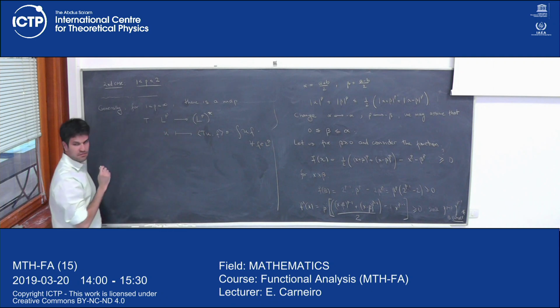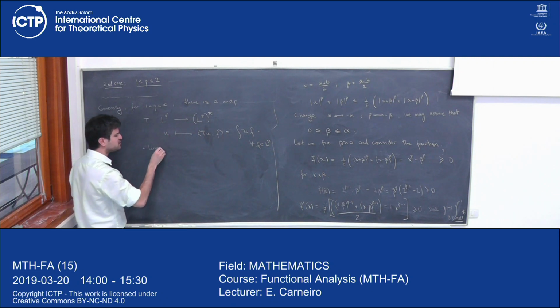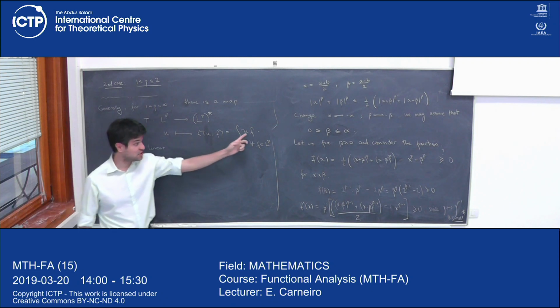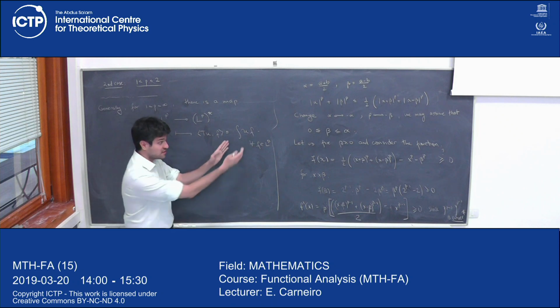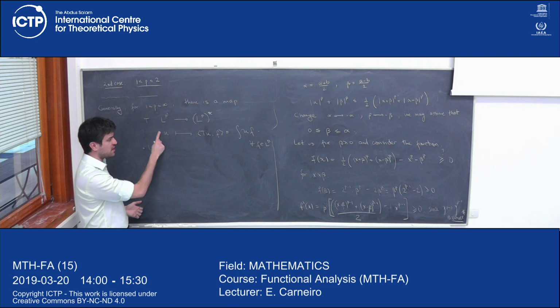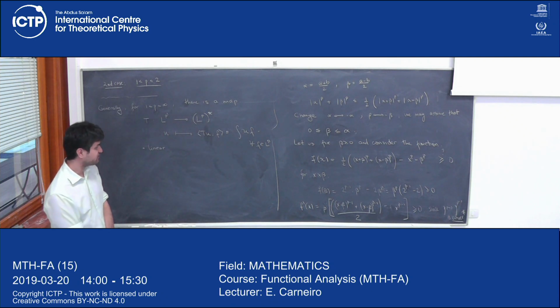So the map defined like this is obviously linear. If you take two, u1 and u2, you see that they will just add up here. Again, this is just a real number. So this is linear. If you multiply by lambda, you just multiply by lambda here.